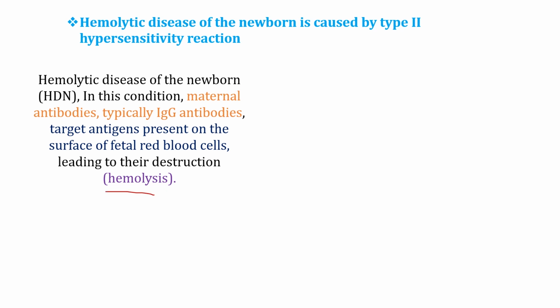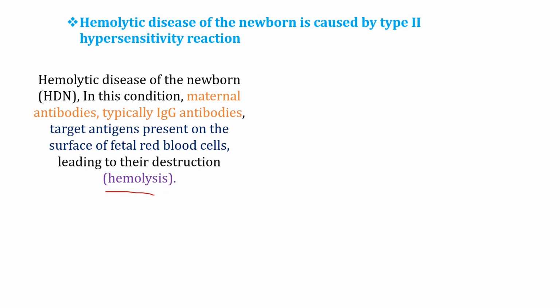So here we note IgG antibodies are specific for the Rh factor, or Rh protein or Rh antigen, which is present on the surface of RBC other than the ABO antigen. On the other hand, IgM antibodies are specific to the ABO antigen, which is present on the cell surface, not the Rh antigen.